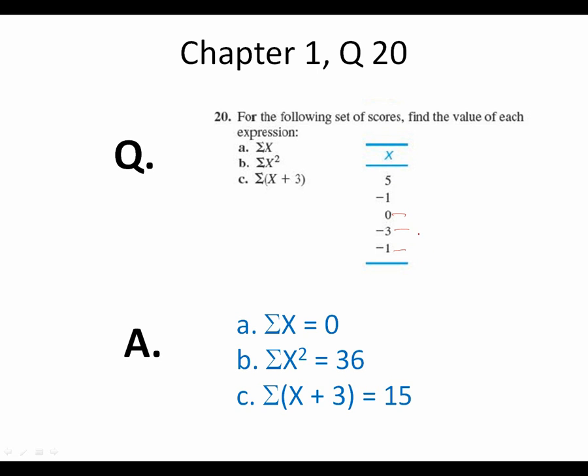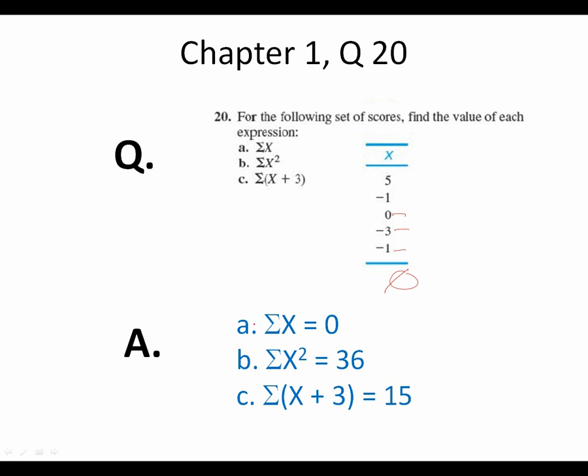The first thing it's asking me is just to add them up. So 5 minus 1 is 4. 4 plus 0 is still 4. Minus 3 is 1. Minus 1 is 0. So that's what I get, a big fat goose egg for the sum, sigma X.